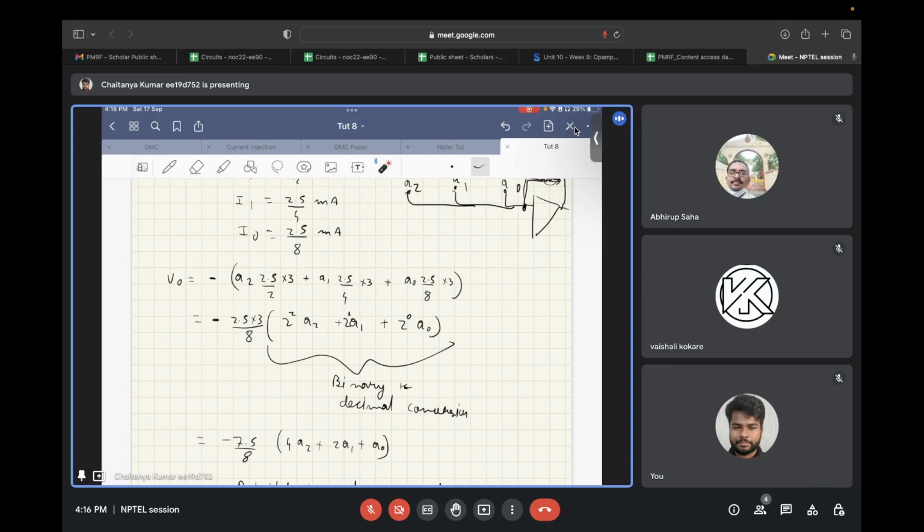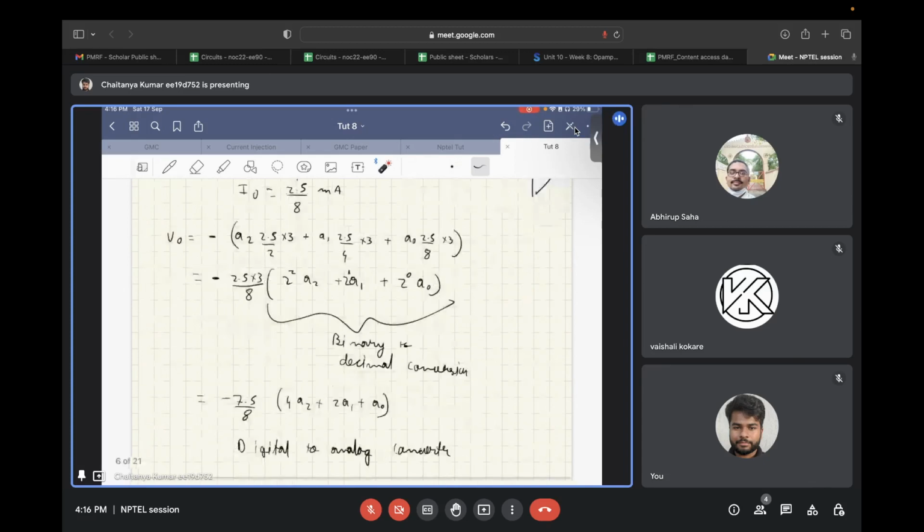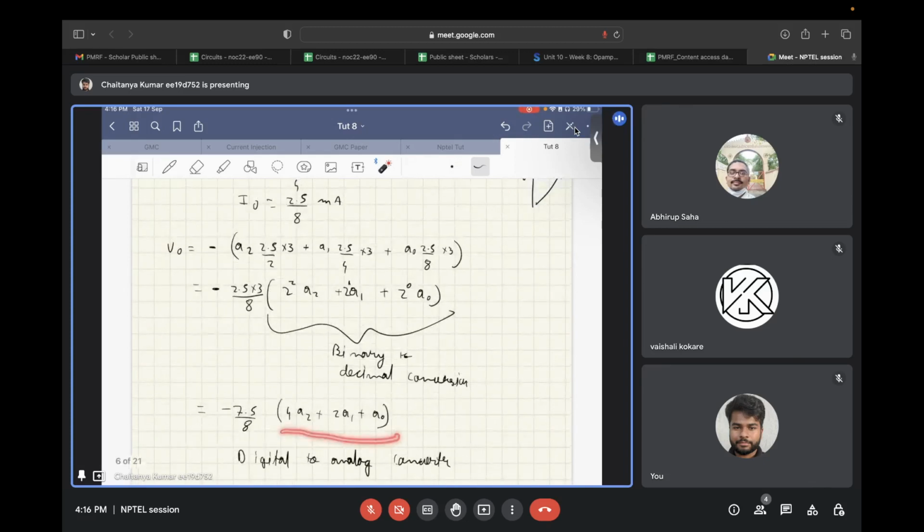If you have some binary bits as A0, A1, A2, where A2 is the most significant bit, to convert it into decimal, you keep multiplying the power of 2 with respect to whatever position that bit is in. So here, the circuit is performing a binary to decimal conversion, and the circuit is known as a DAC.